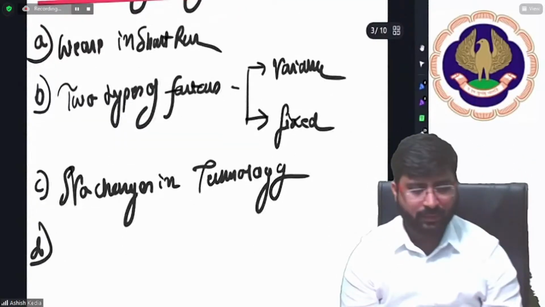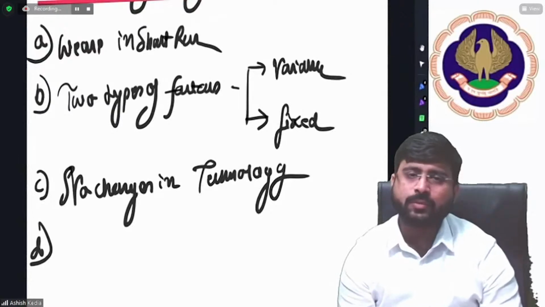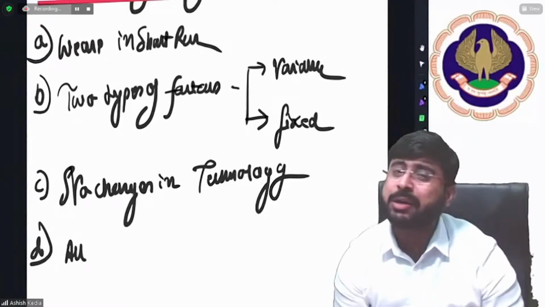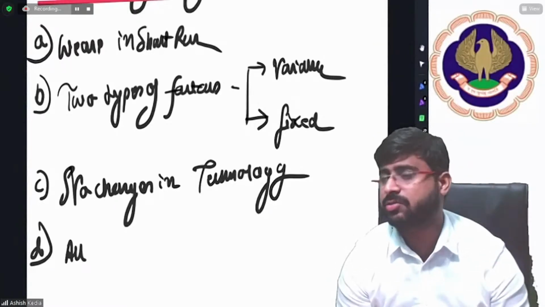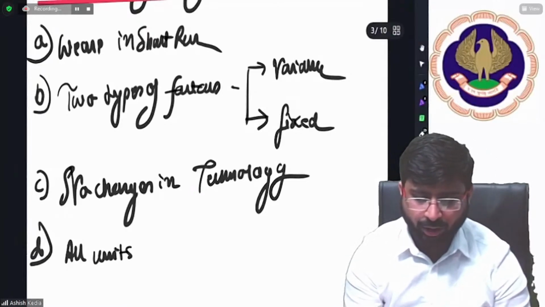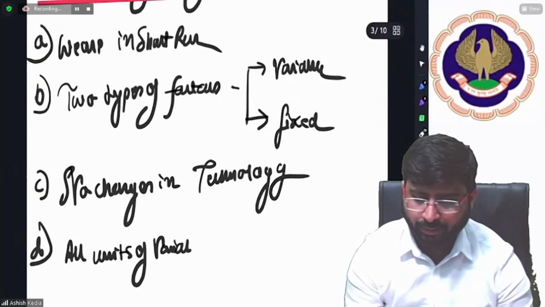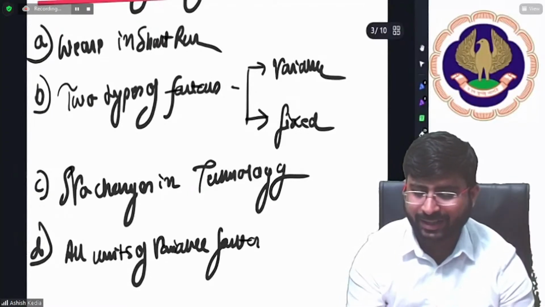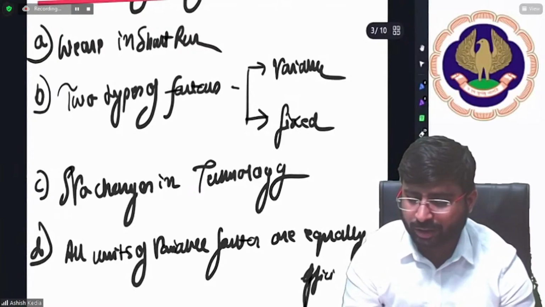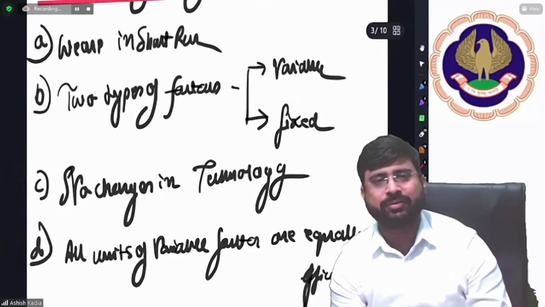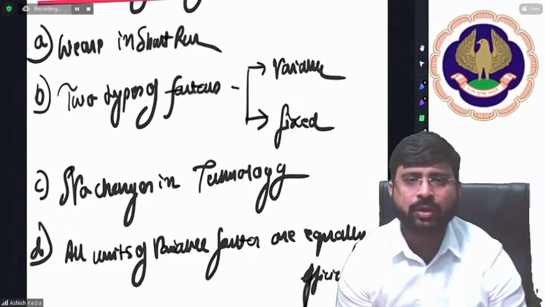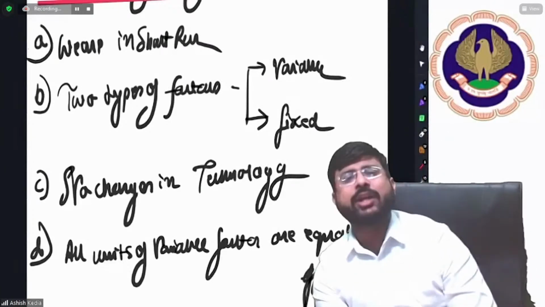Point D. What is point D? We assume, this is a very big assumption, in reality it's not the case, it's not the truth, but we assume it, that all units of variable factor are equally efficient. So what are you assuming? That all the variable units that you have, that is all the laborers that you have, they are equally workable, they are equally good.